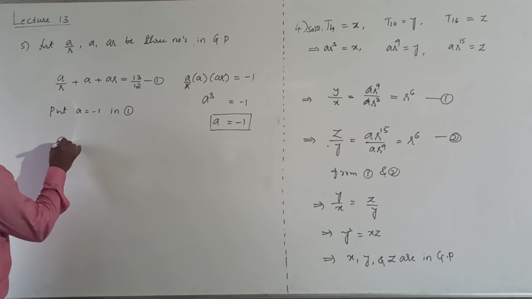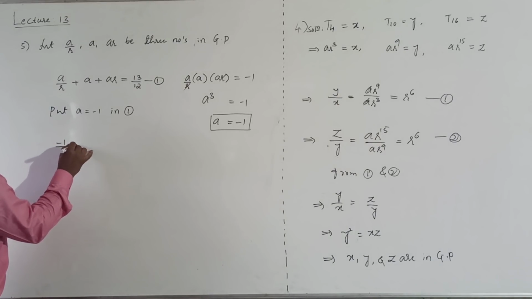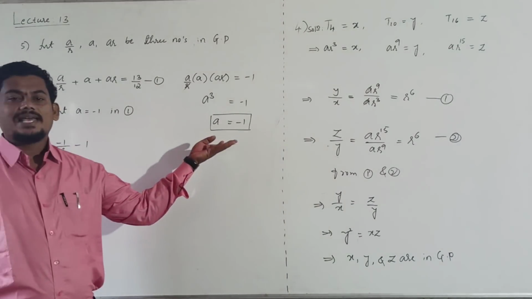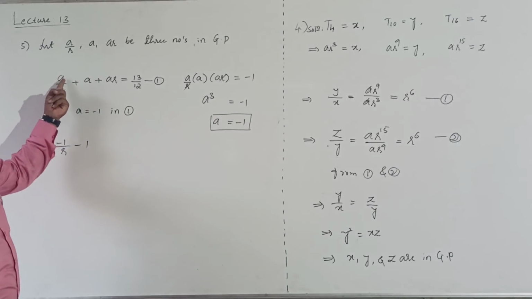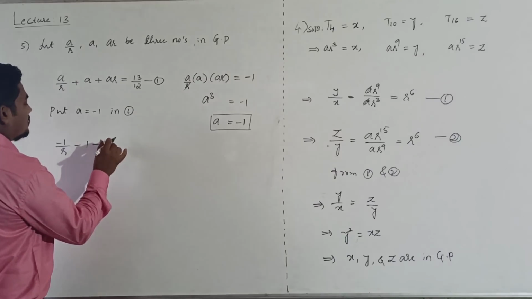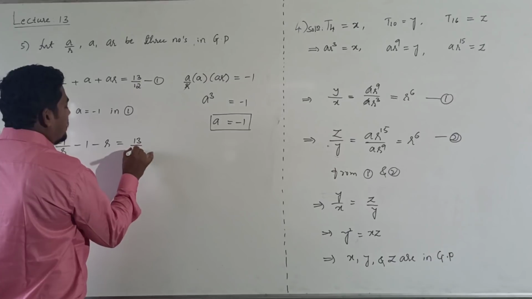Then -1 divided by R, -1, simply replace the A value, -1 minus R. That's equal to 13 divided by 12.